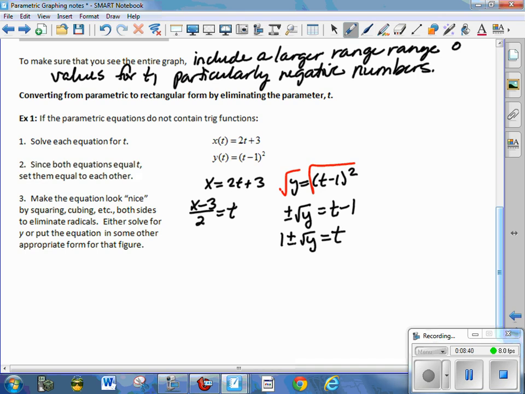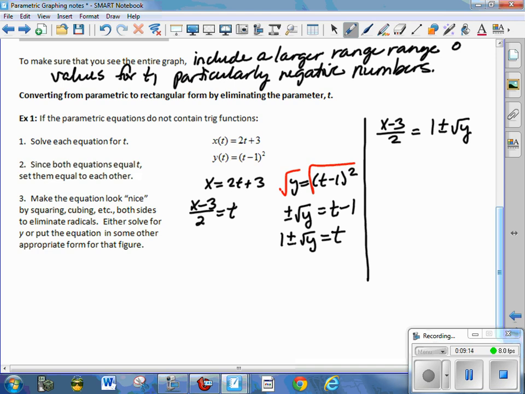Now, because both of those are equal to t, I can set the two expressions equal to one another. And I can say, draw a line here, (x minus 3) over 2 is equal to 1 plus or minus the square root of y. And I want to pretty this up a little bit. This doesn't look very nice. Particularly, I don't like having the 1 plus or minus the radical in there. You might guess that I'm going to want to square both sides, but before I do, I would like to get the radical by itself.